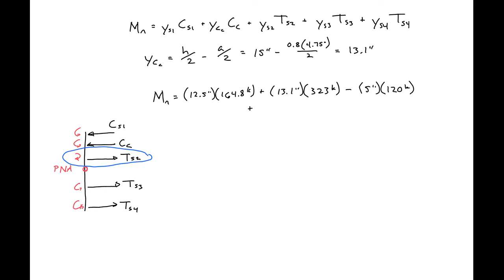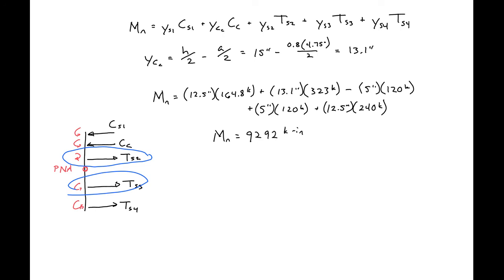We're back to positive because we're going in the same direction here for the third layer, so plus 5 inches times 120 kips, and then plus 12.5 inches times 240 kips. So this will give us an Mn equal to 9,292 kip-inches. So this is our final moment.